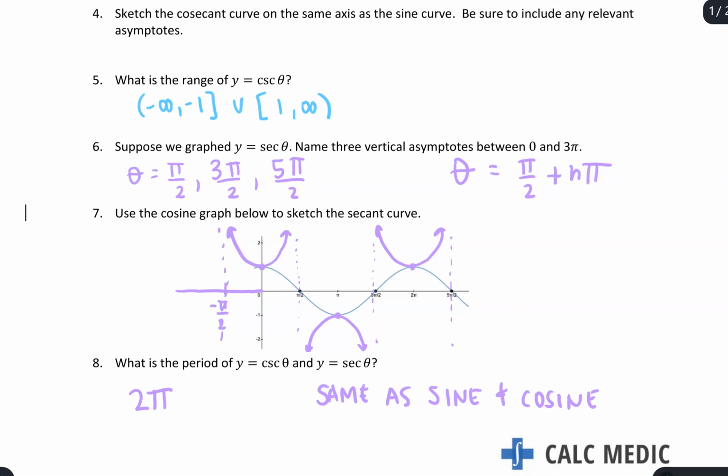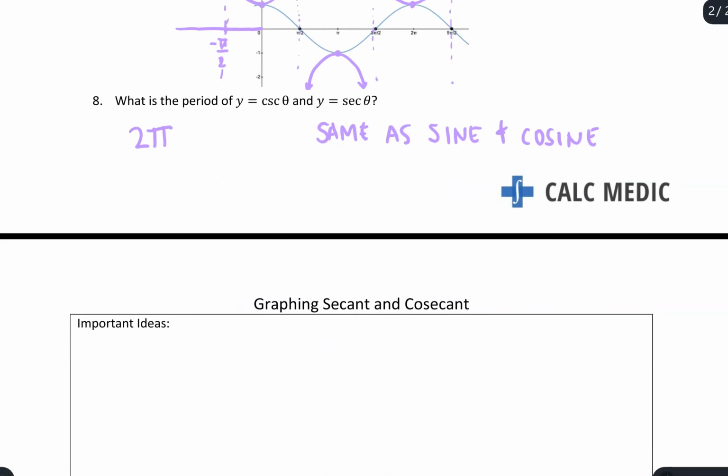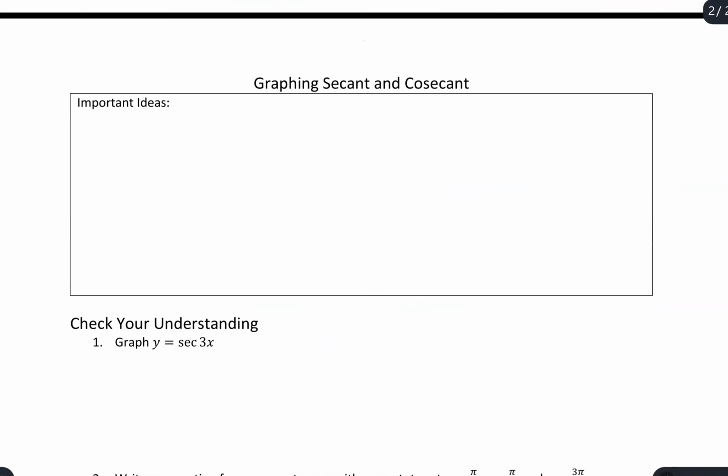Sorry, I thought you meant of sine and cosine. So, good? Does that make sense? So far, so good? All right, so let's kind of put everything together a little bit.